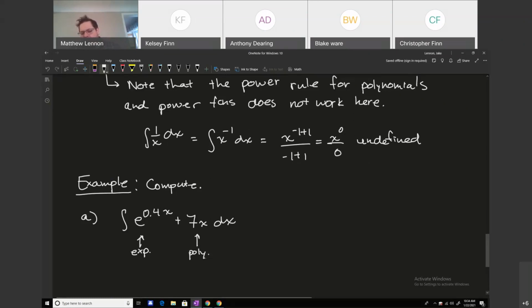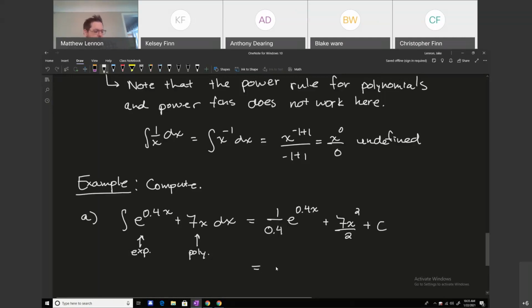We're using the rule from last time on 7x, and we're using one of these new rules for the e to the 0.4x. So the first one, we have 1 over 0.4 times e to the 0.4x. And then for 7x, this is where we add 1 to the power and then divide by that number. And then we just add a general constant for both of them.